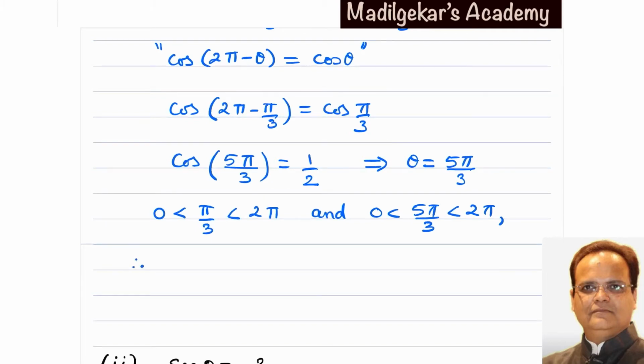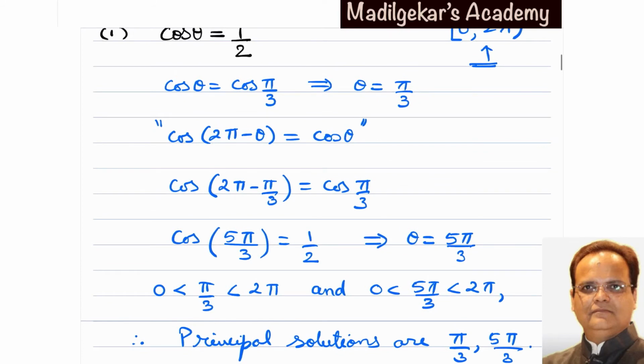So we can say the principal solutions are pi by 3 and 5 pi by 3. In this way, using allied angles, we can find the principal solutions.